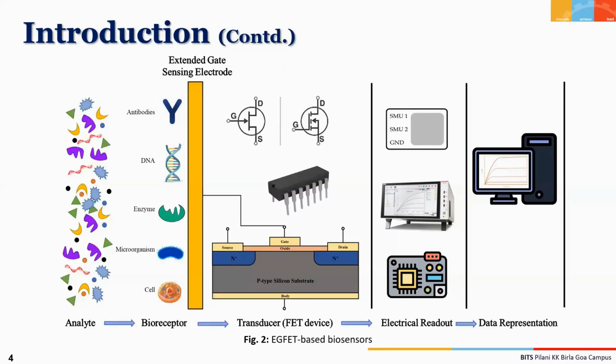This is a schematic representation of an EG-FET-based biosensor, where we can make use of different bioreceptors like antibodies, DNA-based enzymes, microorganisms or cells, which typically are attached to the surface of an electrode, which works as the extended gate of this EG-FET.